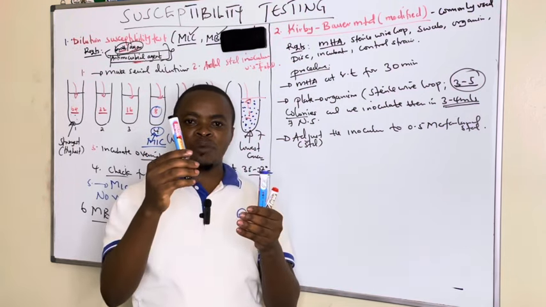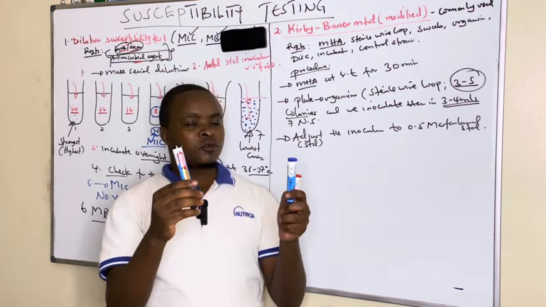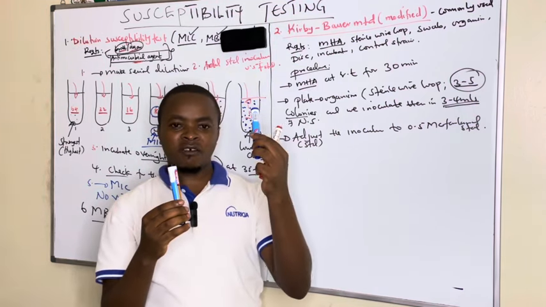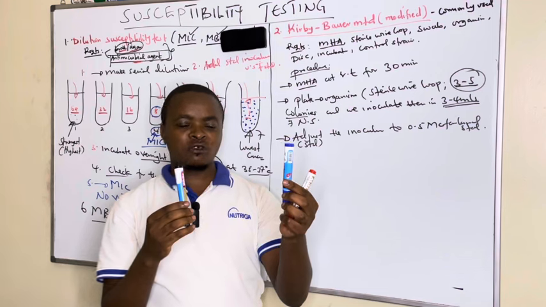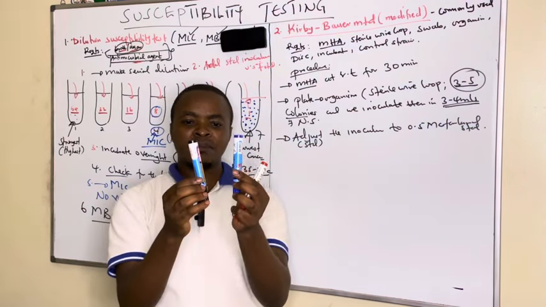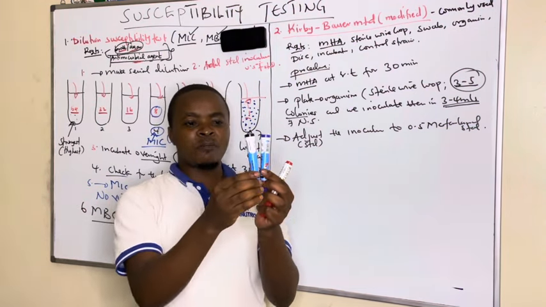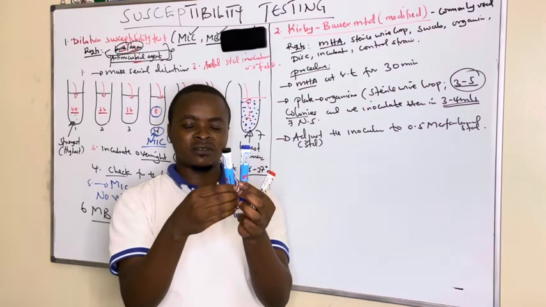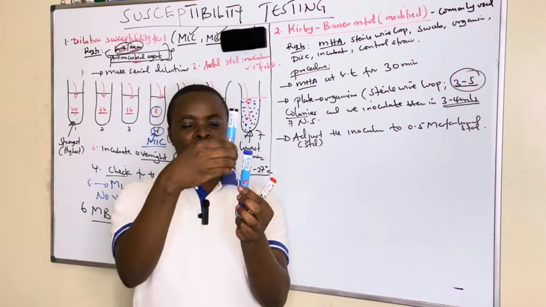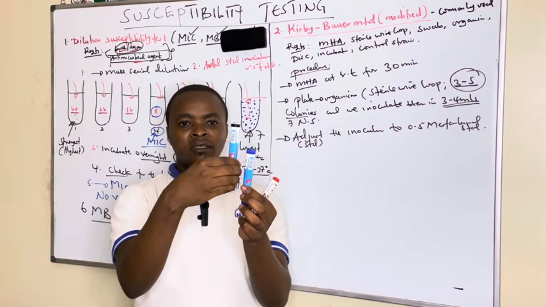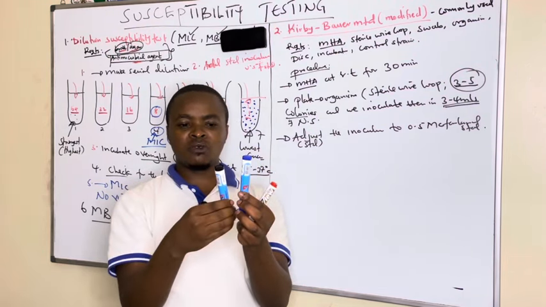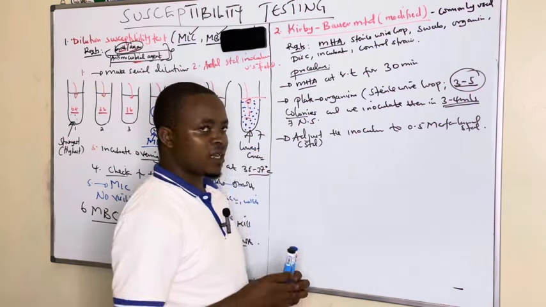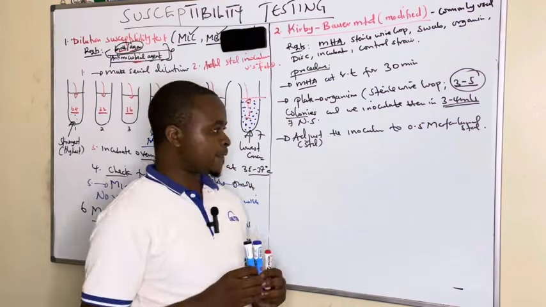The 0.5 McFarland standard is prepared using barium sulfate. I put them in the presence of light and keep comparing until it matches. If it is low, I add more inoculum, more colonies, and if it is too much, I add more distilled water until it matches the 0.5 McFarland standard in the presence of enough light.